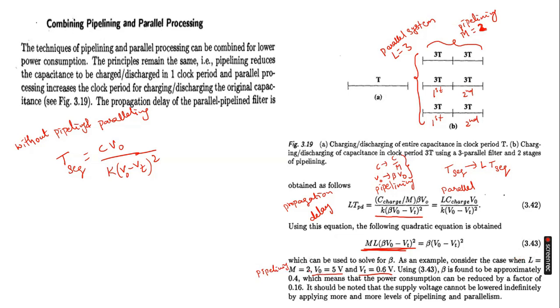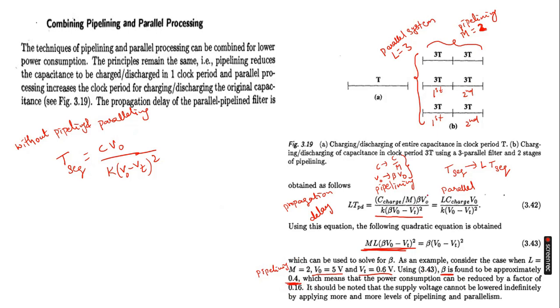Okay. So when you substitute M value 2, L value 3, supply voltage 5 volts, threshold voltage 0.6, all this in the equation 3.43, and simplify, beta value will come as 0.4. Okay. Power consumption is reduced. Left side, I have written the equation for without pipelining and parallel processing.